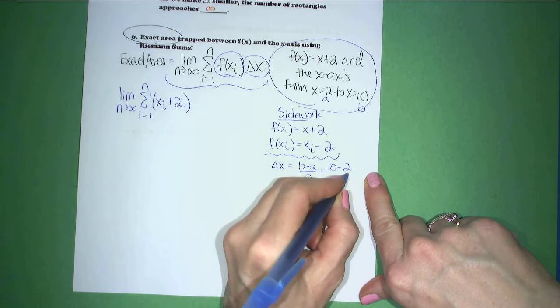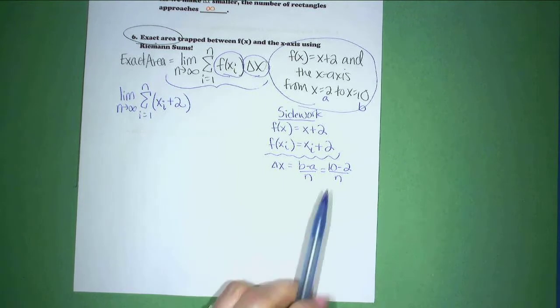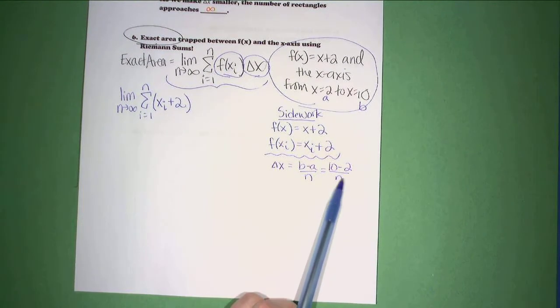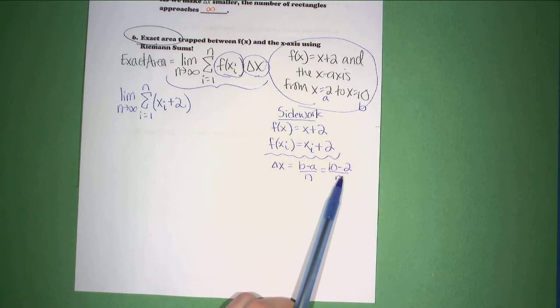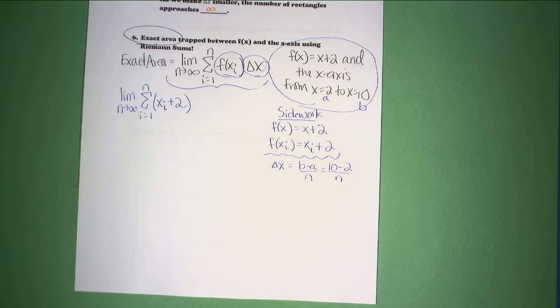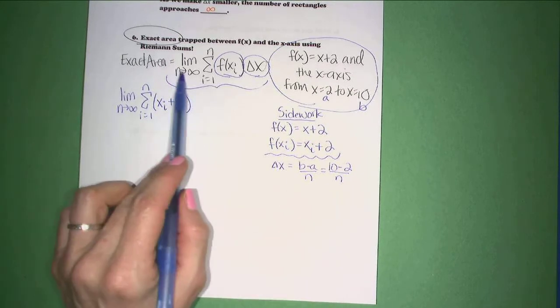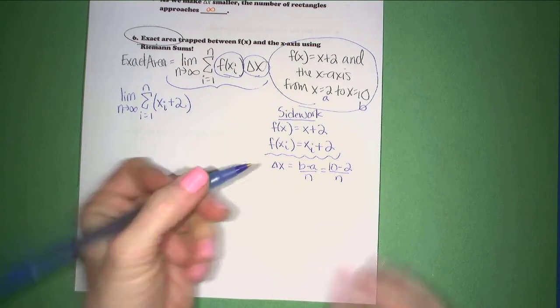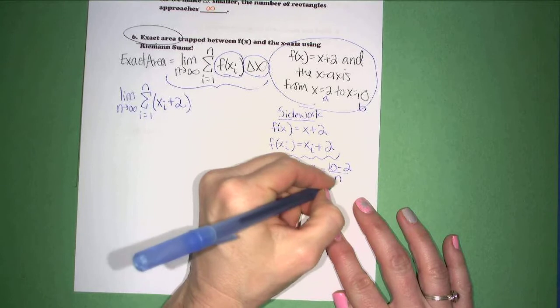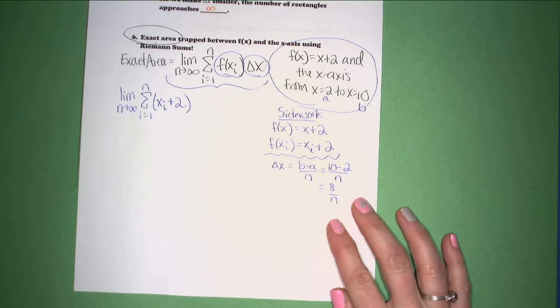Now I'm going to actually let n stay n. When we did 4 rectangles, we let n be 4. When we did 8, we let it be 8. When we did 16, we let it be 16. But I'm going to let n eventually approach infinity, so I want to leave n as n. So my delta x is simply going to be 8 divided by n. So I'm going to carry that up here to delta x.